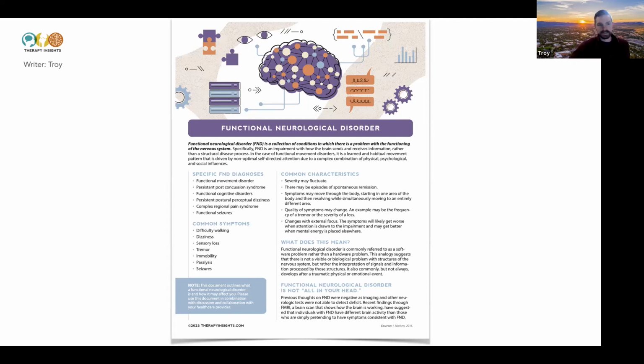At the bottom of this resource, it talks about some really interesting studies where they had individuals who were experiencing tremors or paralysis without a cause or a reason. They put them in an fMRI, assessed what their brain was doing when asked to stop their tremor or move their legs, and then compared that to individuals who were just told to pretend that they couldn't move their limbs or had a tremor, and their brain lit up significantly differently.